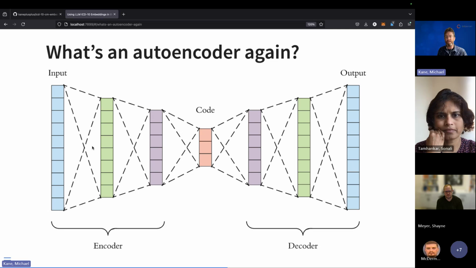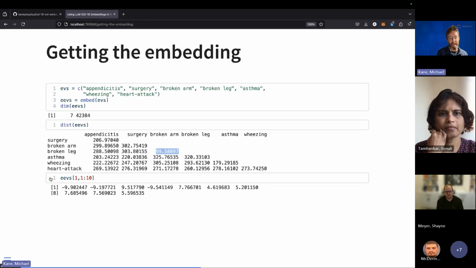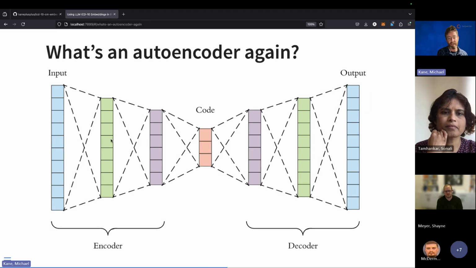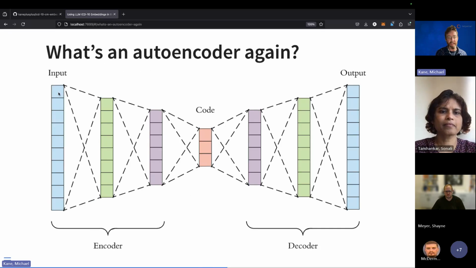All right, just as a reminder, for an autoencoder, you have an input. In our case, this is going to be the embedding values. Then it's a series of fully connected layers that get smaller and smaller. In our case, the first one is 42,384.